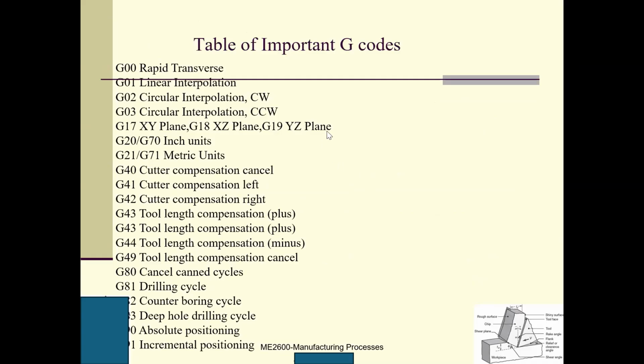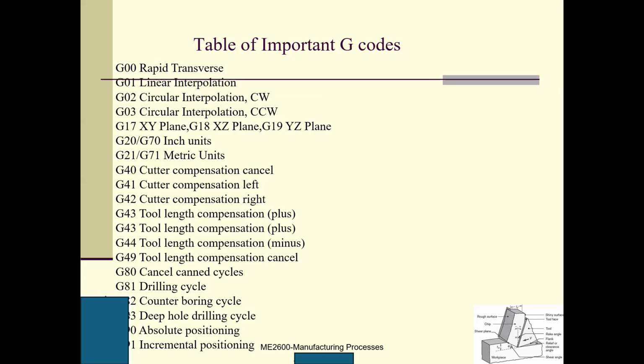And here is a table of important T codes. T00 is rapid transfer, from the current position to the position you just specified. T01, linear interpolation with some speed.